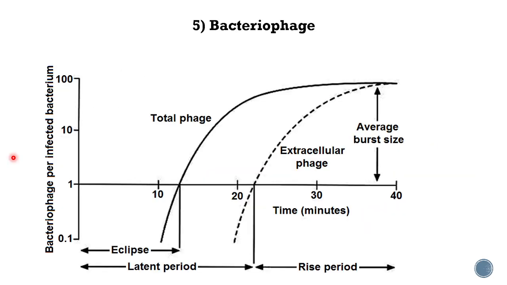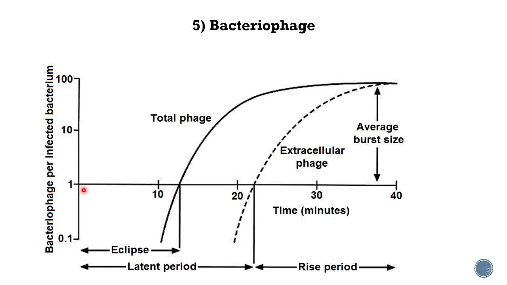Okay, so this is the graph. The eclipse period is when the virus first attaches to the host cell, and the viral DNA enters the host cell, before the new viruses are made inside the cell.